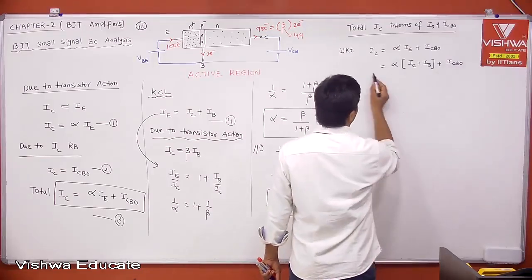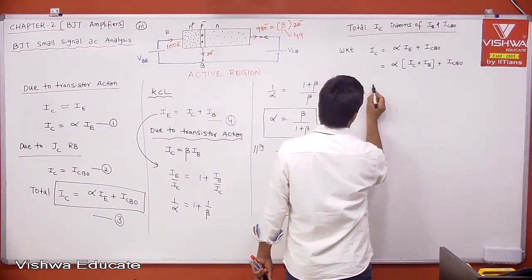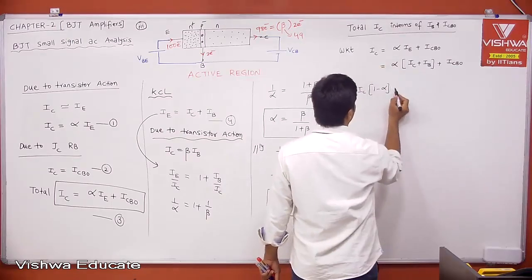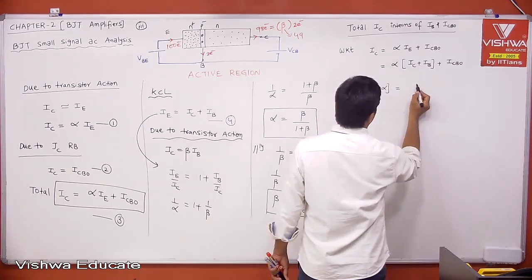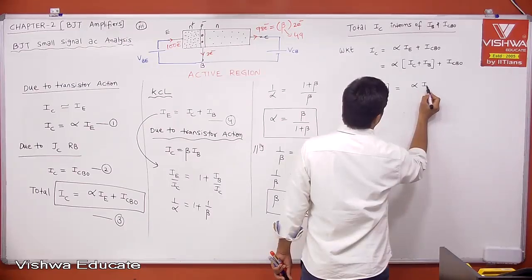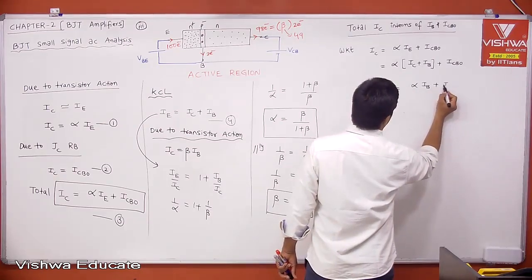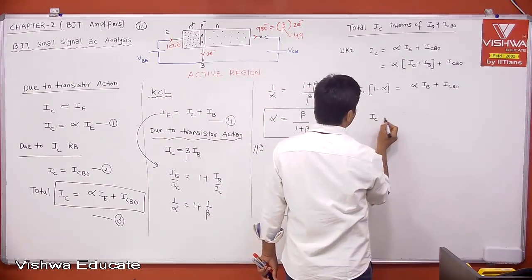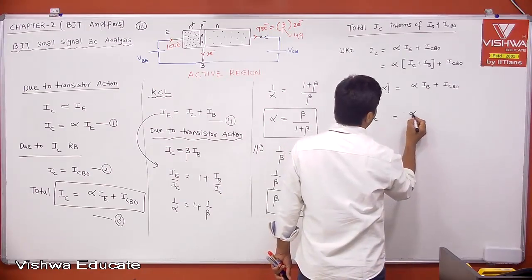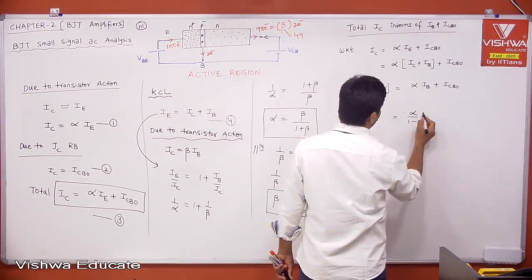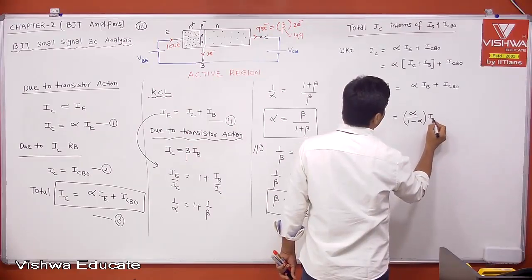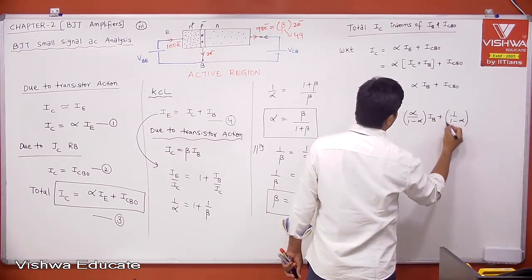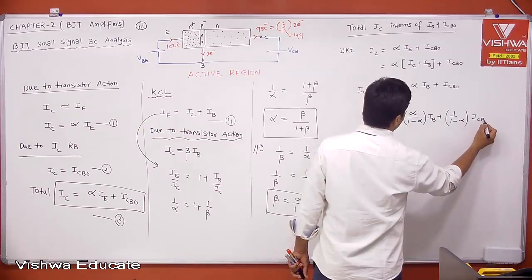Then can I take IC common here? If I take IC common, 1 minus alpha. Because this alpha IC, if you take it to the left hand side, then you will get alpha into IB plus ICBO. Then IC is equal to alpha divided by 1 minus alpha into IB plus 1 divided by 1 minus alpha into ICBO.